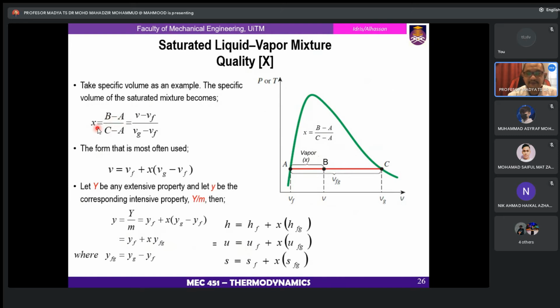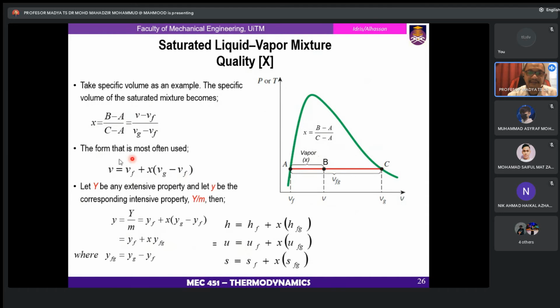So B minus A over C minus A. We simplify the B and A states by V and Vf, Vg and Vf. Simplifying these equations, V is equal to Vf plus X times Vg minus Vf.